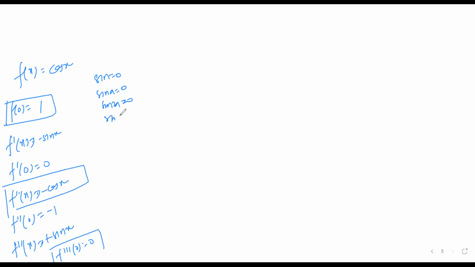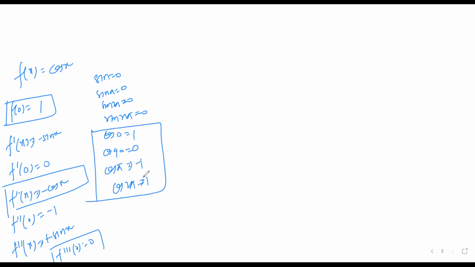It means sin n pi is 0. Same way, cos 0 will be 1, cos 90 will be 0, cos pi is minus 1, and cos 2 pi will be 1. So keep all of this in mind: cos 2 pi is 1, cos pi is minus 1, cos 90 is 0, and cos 0 is 1. This one also you keep in mind.